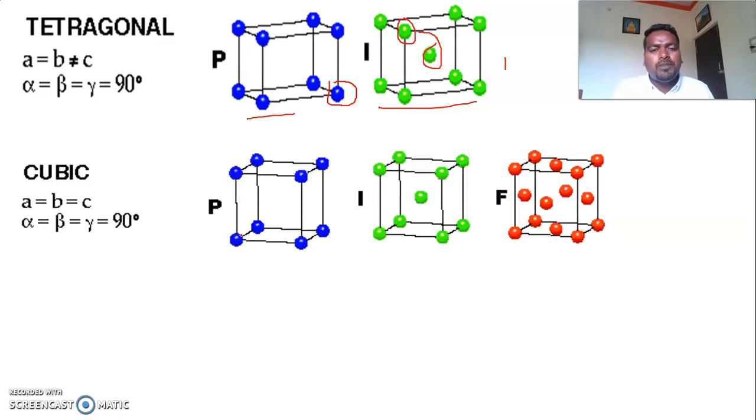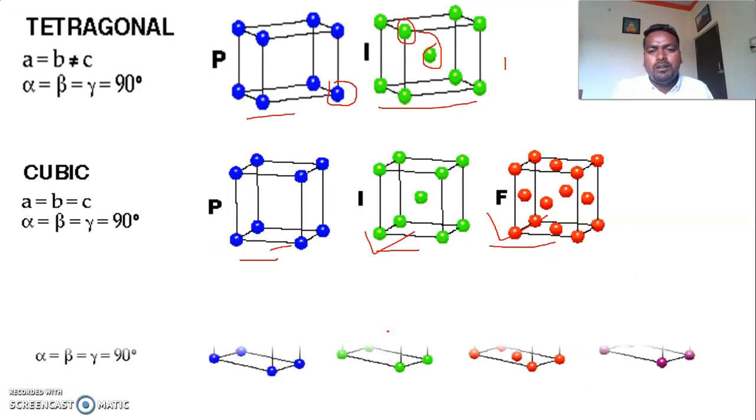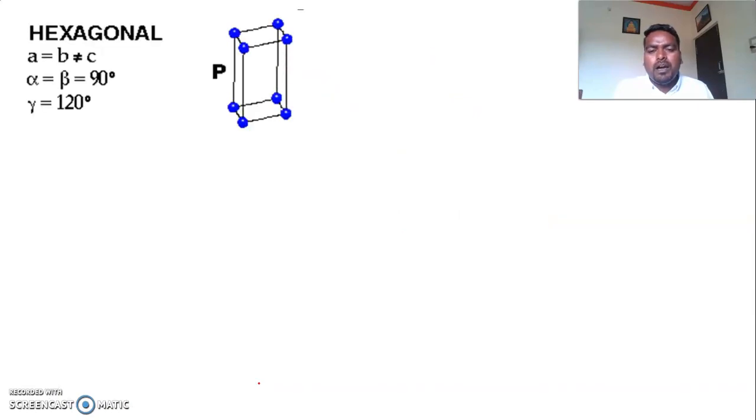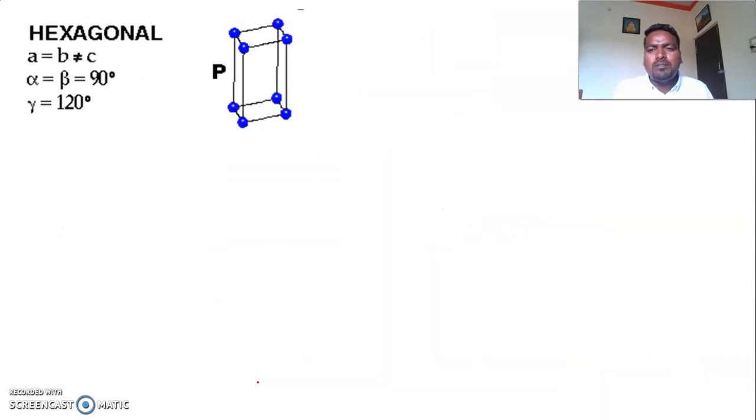And cubic can form 3 types of unit cell. There are 3 types of unit cells possible for cubic: simple cubic unit cell, body centered unit cell, and face centered unit cell. For orthorhombic, 4 unit cells are possible.